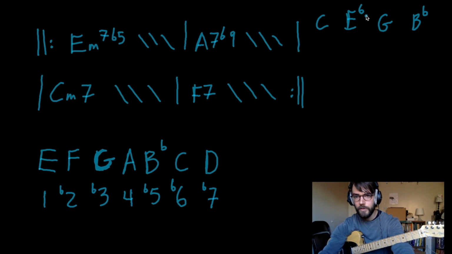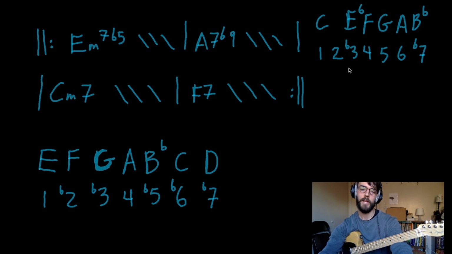And then the F chord, we have F, A, C, already accounted for, and then E flat. So if we compare this to our C major scale, we have a 1, some kind of 2, not sure yet, a 3, a flat 3, because normally we have E natural, so a flat 3, a 4, a 5, a 6, and a flat 7.